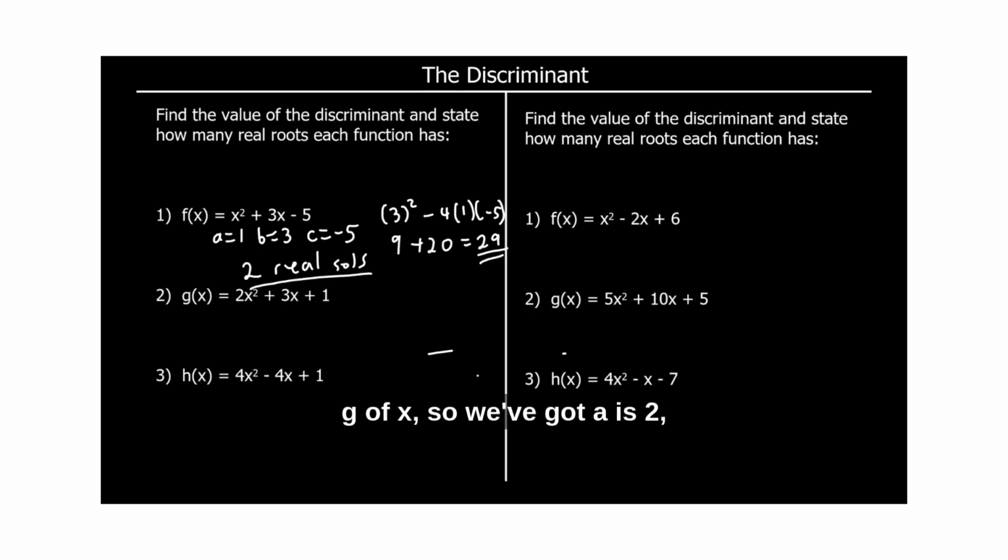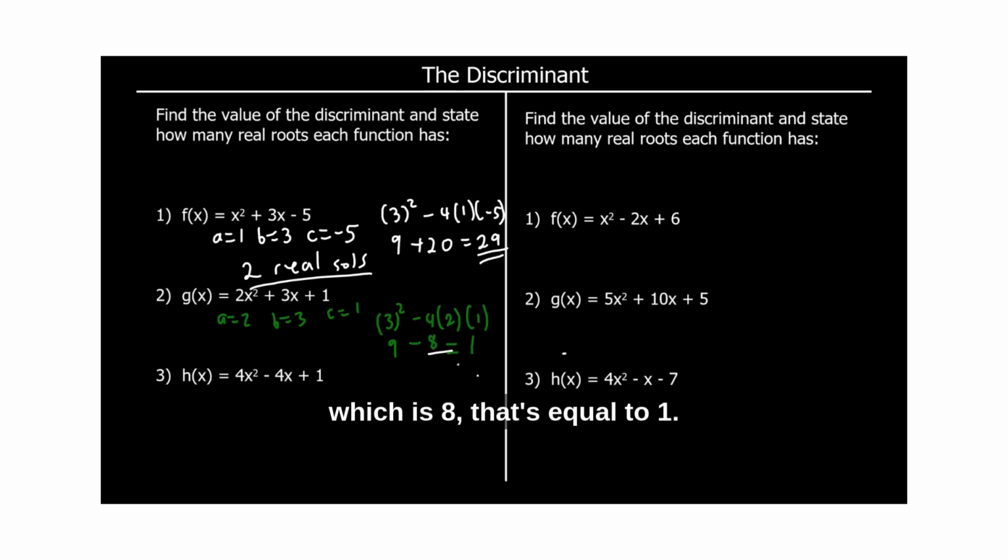G of x, so we've got a is 2, b is 3, and c is 1. B squared, so 3 squared minus 4 times a times c. 3 squared is 9. Take away 4 times 2, which is 8. That's equal to 1. So again, it's positive. Two real solutions.